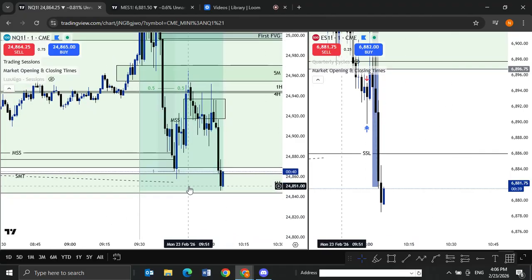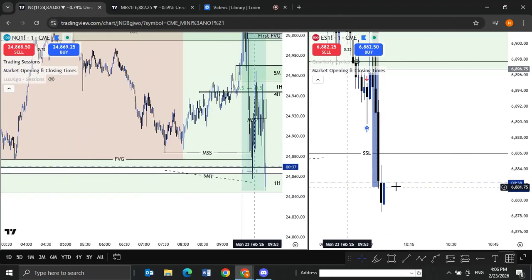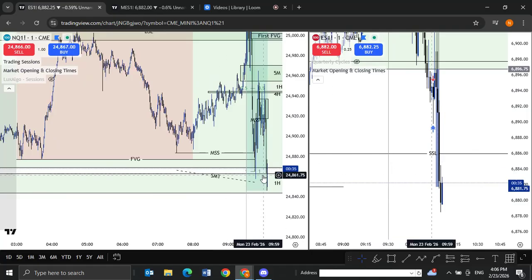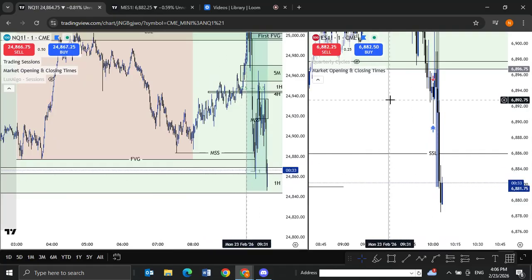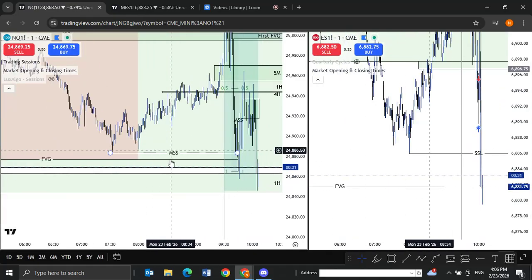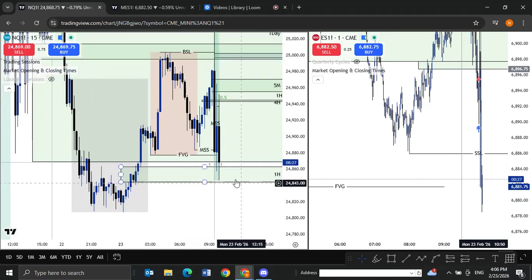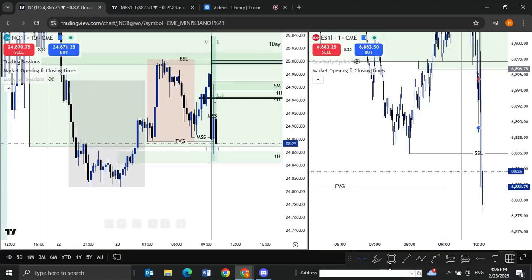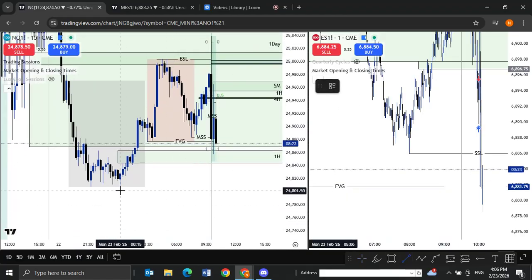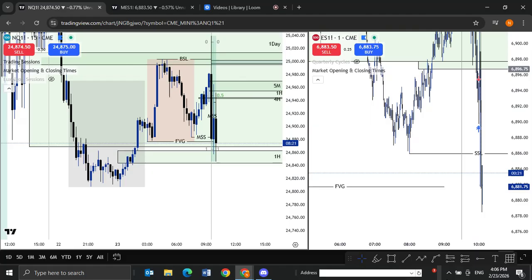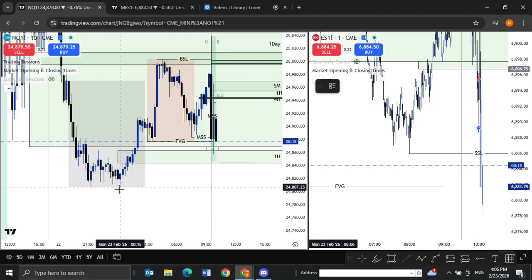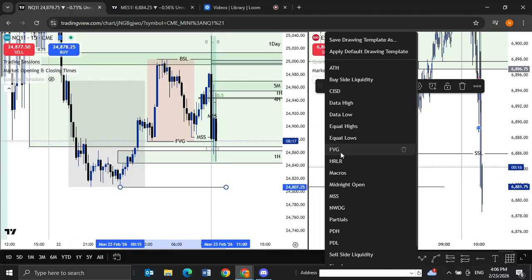I don't think I want to trade more for now. The SMT is not valid here anymore, as I understand. The only thing I understand is that this market structure shift actually seems valid. So for me, it means that we're more likely to deliver at least towards this side, till the Asia low, maybe not till the previous day low, but till the Asia low at least.